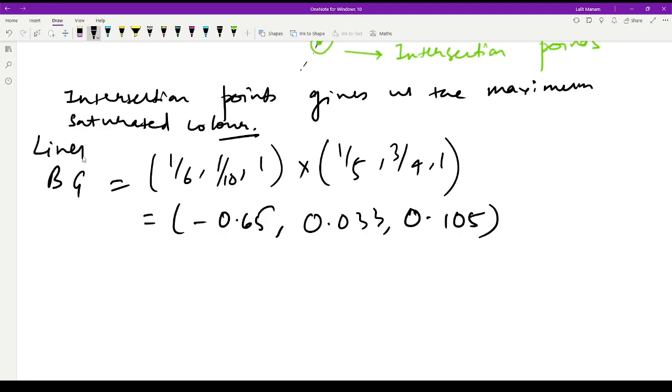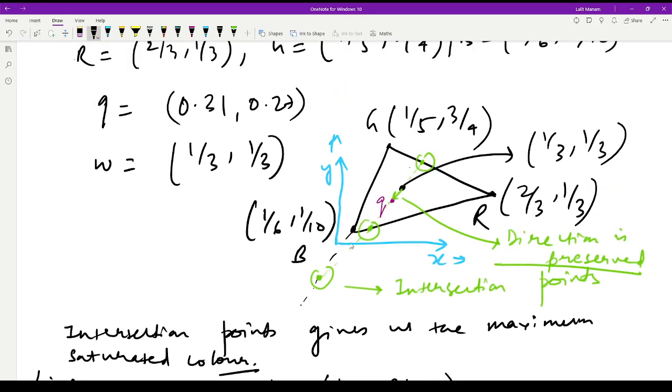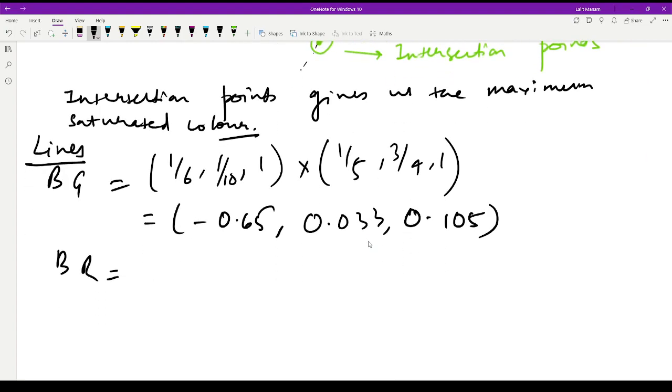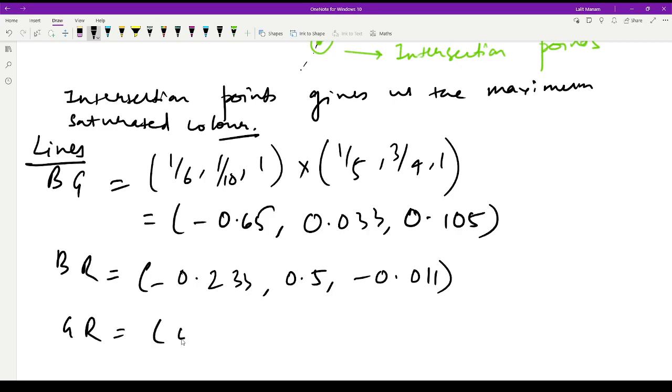First we are computing lines: BG, BR, and with this line we again do the cross product and get something like this. It's just taking the cross product of the two points, which gives us the line. Again, GR will give something like this.